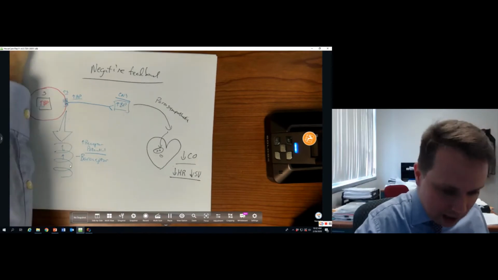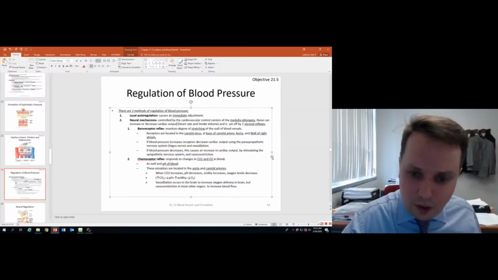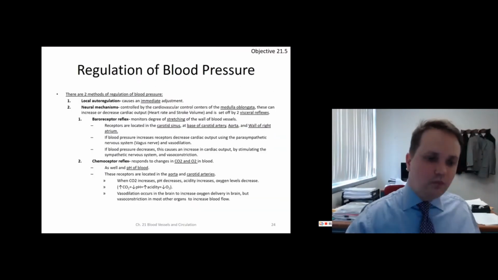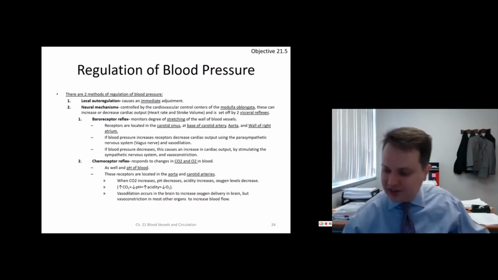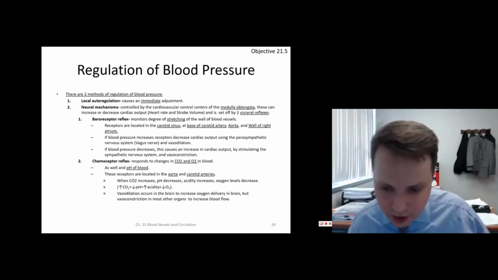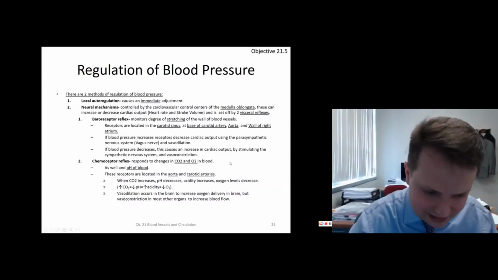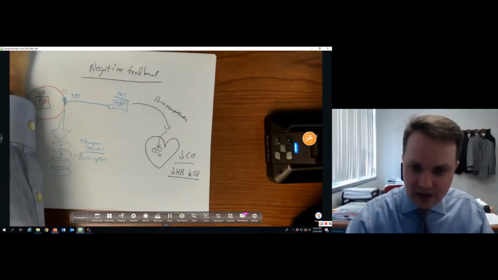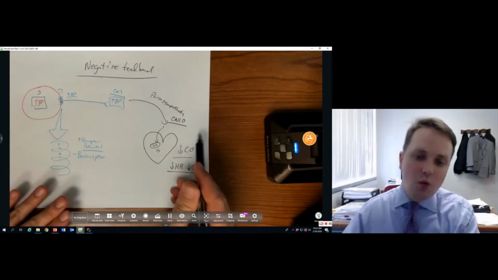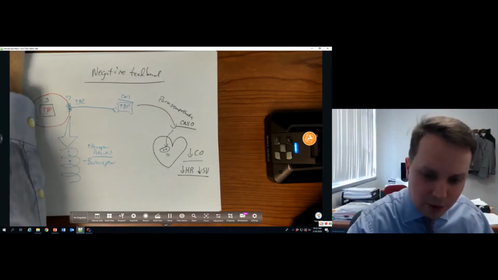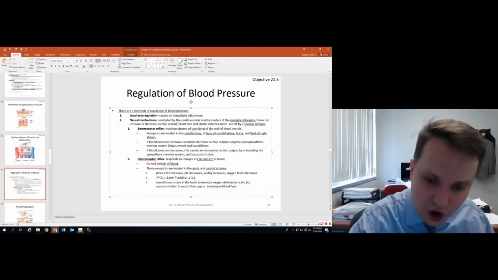Okay, so if blood pressure actually goes up, we'll use the vagus. So this cranial nerve that we're using is the vagus. Okay, the vagus nerve. So parasympathetic cranial nerve number 10 will help reduce cardiac output by reducing your heart rate and your stroke volume.